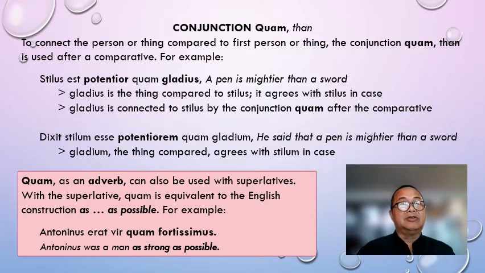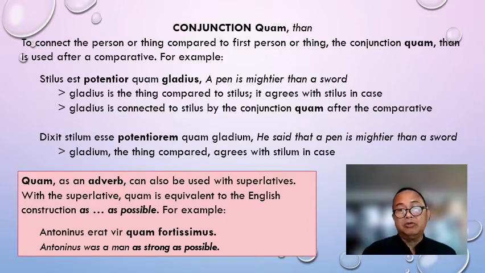Okay. So that is how we regularly use quam together with the comparative degree, which is the equivalent of than in English. However, quam is also an adverb, and as an adverb, it can be used with superlatives.